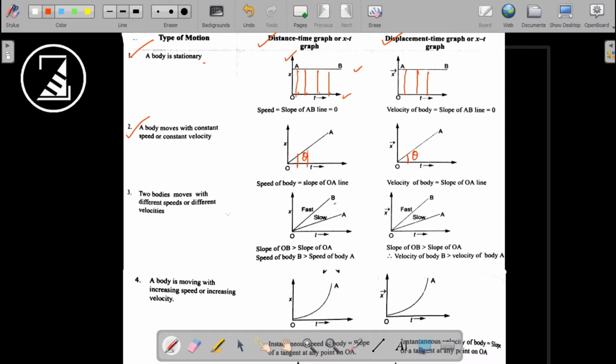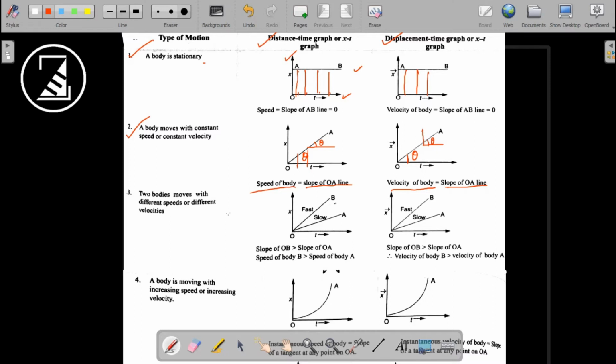Here it is written, speed of the body is equal to the slope of the OA line, and velocity of the object is equal to the slope of the OA line. And at any instant, this slope will be the same. See, if we take it here, this slope will be the same.